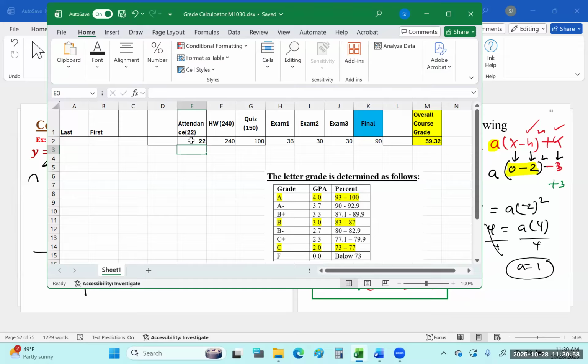Say you got a 92 in the final. Okay, 92 in the final. Still not enough. Say you get a 93 on the final. That's still good though.